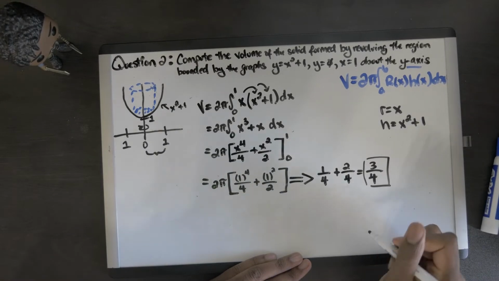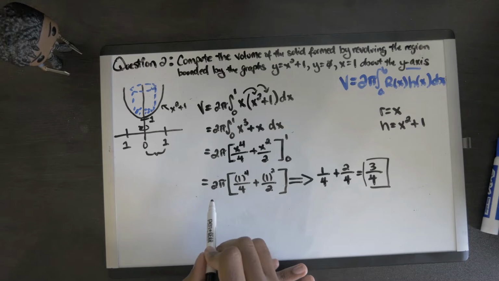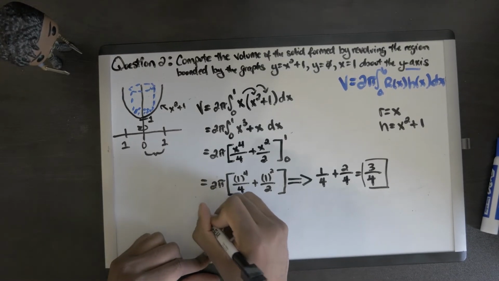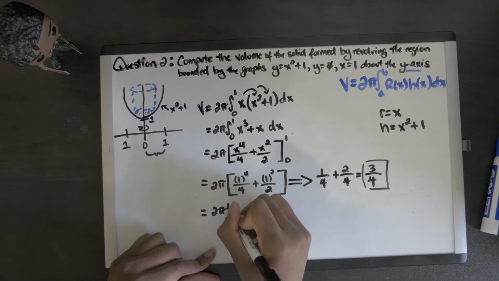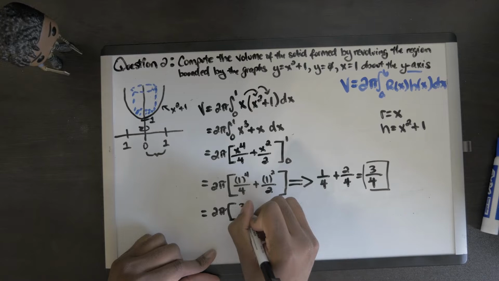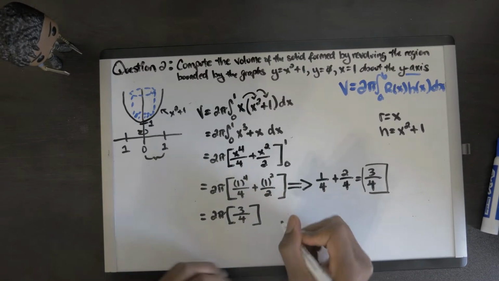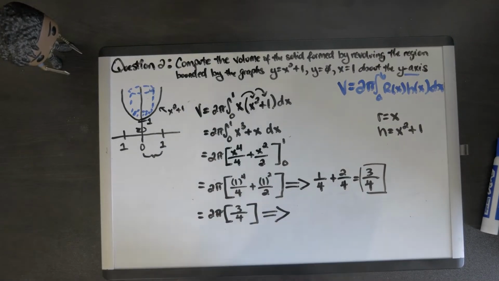But we're not done. We want to plug that back in because we have that still in terms where we want to multiply that by 2 pi. So now, again, if we bring that back over, we have 2 pi times 3 over 4. Well, what is that going to bring us to?